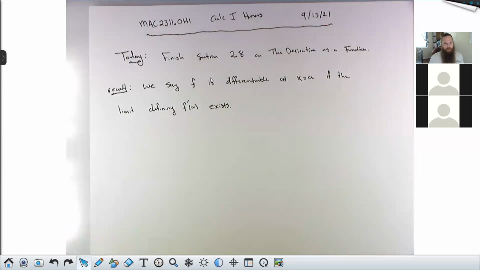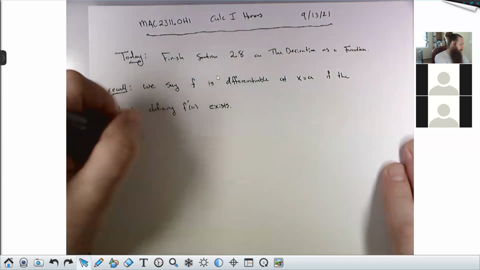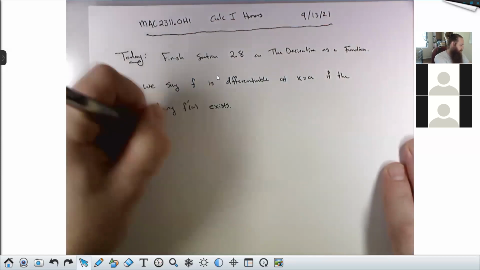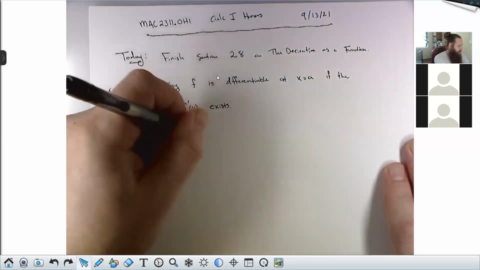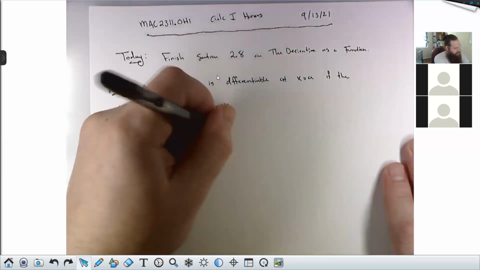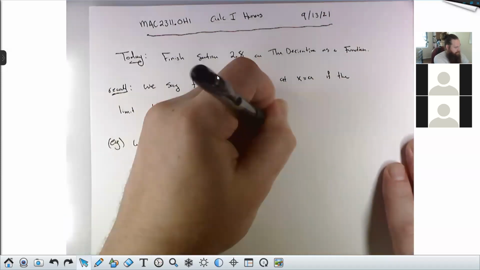So a function f can be differentiable at some number, and it can fail to be differentiable at some number. And we saw a few cases of that, right? Like where we calculated the derivative. For example, we saw last time that if f of x is, what do we do?